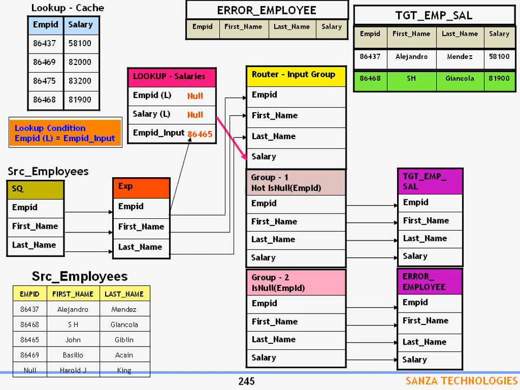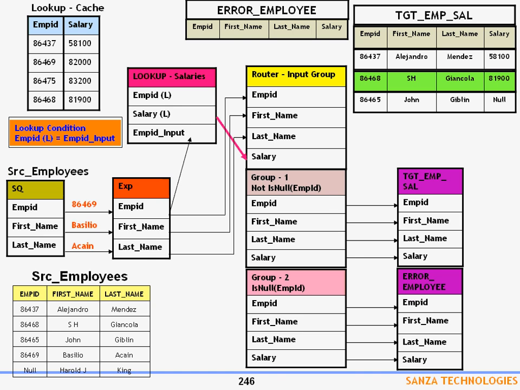When the condition fails, it will return a null value. If the condition is true, whatever the value is there, it will return. So for 86465, salary is a null value because the condition failed and the record does not exist, but we have the employee ID, so it will load into the target employee table.